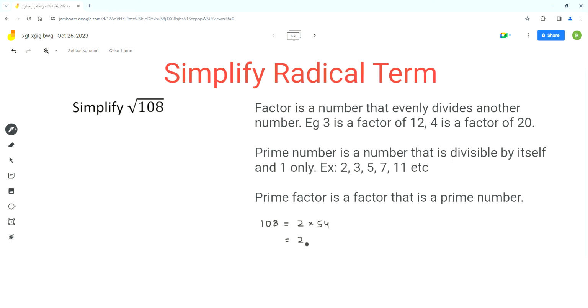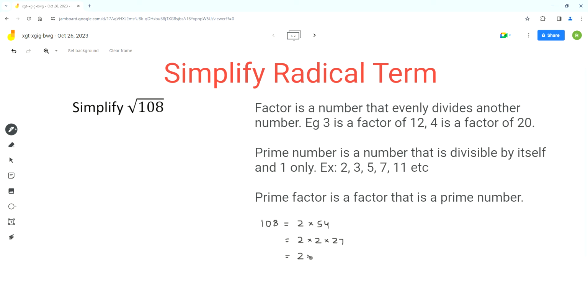So we can rewrite this as 2 times 27. And now 27 is not an even number. We cannot break it down by dividing it by 2, but 27 is divisible by the next higher prime number, 3. So we know 27 divided by 3 is 9.